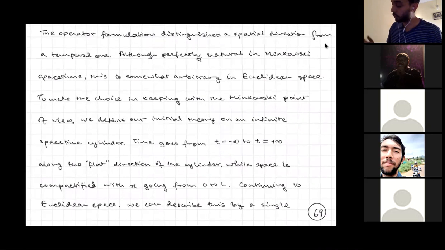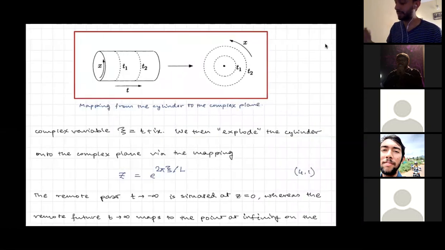So if we look at the cylinder to plane mapping, then the equal time slices on the cylinder become circles on the plane of increasing radii, and minus infinity is mapped to z equal to 0.